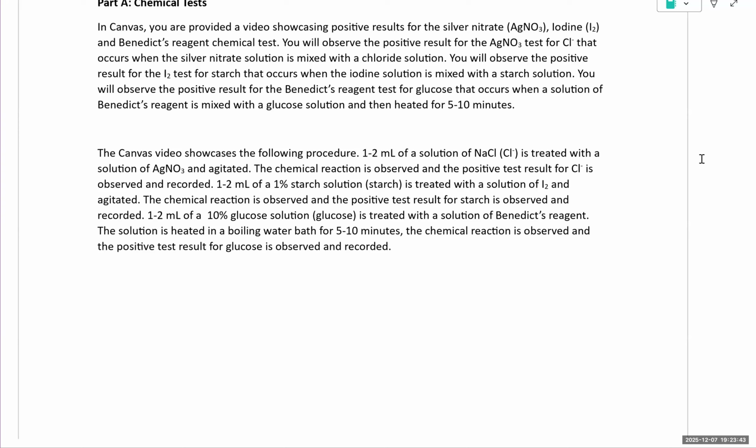The chemical reaction is observed, and the positive test result for starch is observed and recorded. Finally, for the test for glucose, 1 to 2 mL of a glucose solution is treated with a solution of Benedict's reagent. The solution is heated in a boiling water bath, the chemical reaction is observed, and the positive test for glucose is observed and recorded.